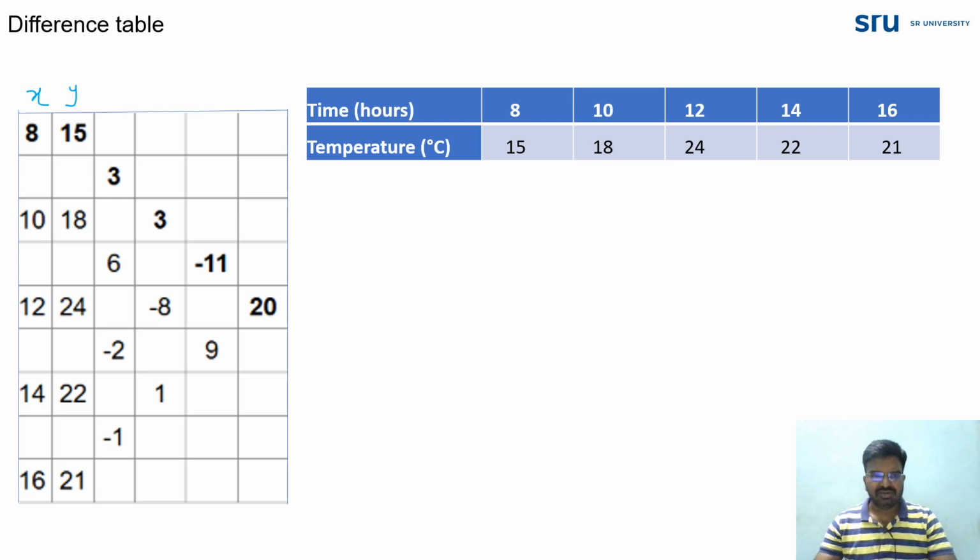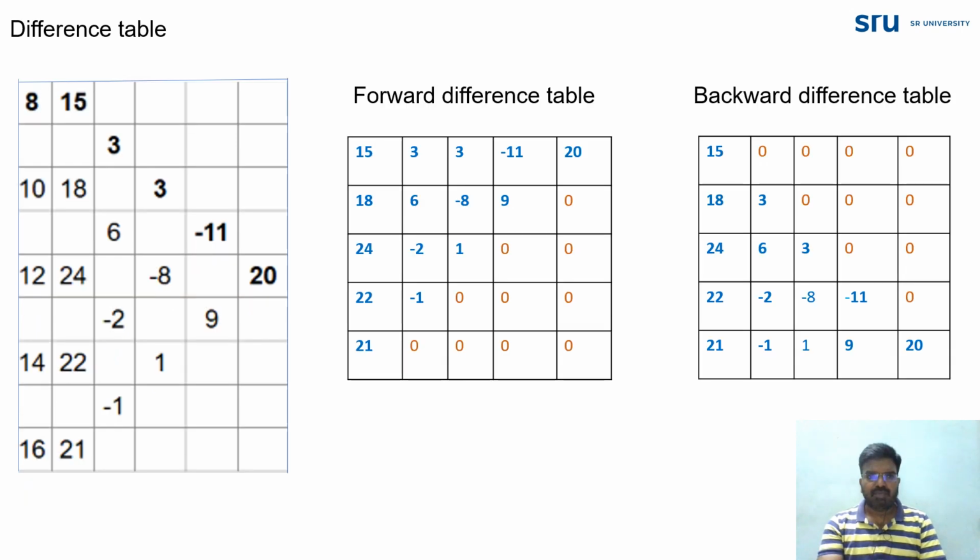I have to generate this difference table in my Python code. For that, in Python code, I write this difference table in convenient form. You can see two difference tables here, one for forward interpolation and the second one for backward interpolation. You have to observe one thing, I am not using x values in the forward and backward difference tables because x values are not necessary.